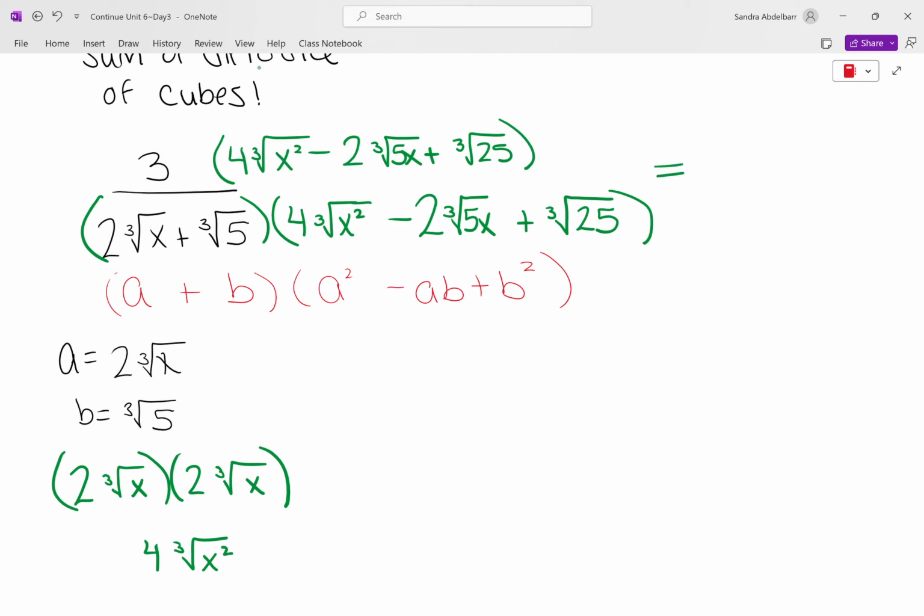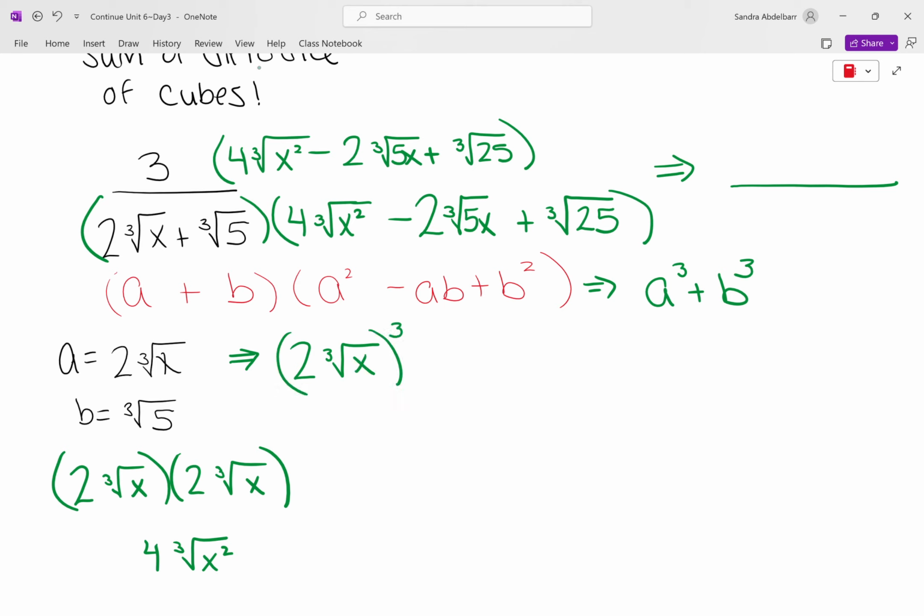And now my denominator is going to give us a cubed plus b cubed. So let's cube them. My a cubed is going to be 2 times the cubed root of x raised to the third power. So the 2 gets raised to the third power, and the cubed root of x gets raised to the third power.